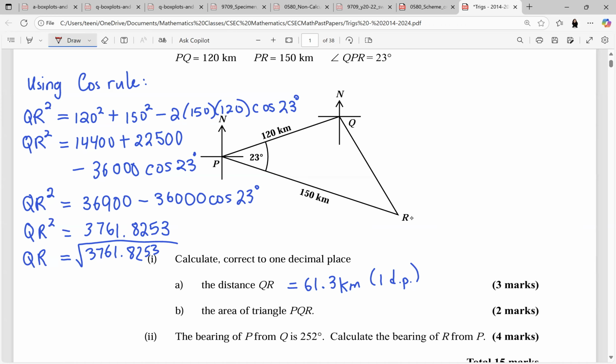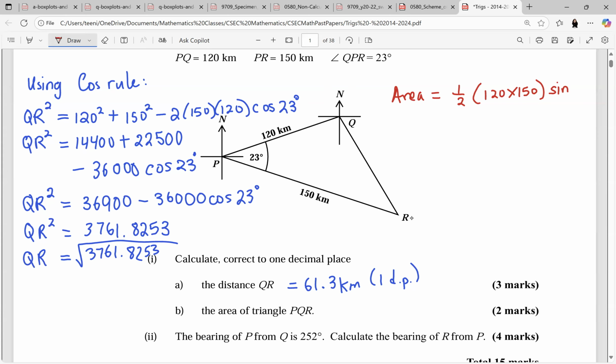It's half of the product of the two sides multiplied by the sine of the included angle. So the area would be half of 120 times 150 by sine of the included angle 23 degrees.